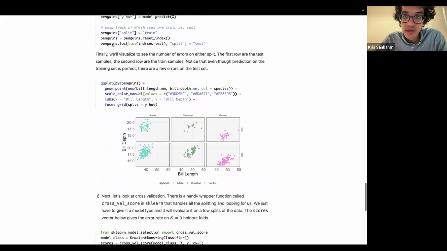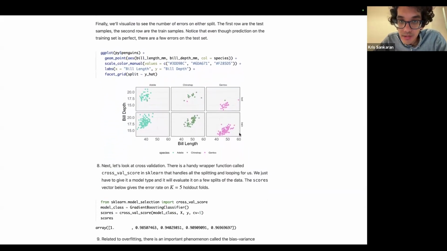Remember, this is the example where when I used gradient boosting, I got perfect training performance. And again, when I split the data, I still get perfect training performance. But when you look at the test performance, there are now a couple of errors in the test. So this suggests we had maybe overfit slightly on this data set.